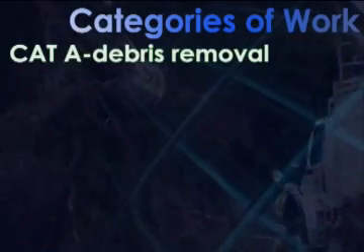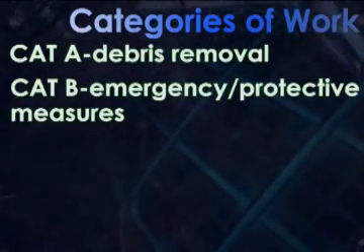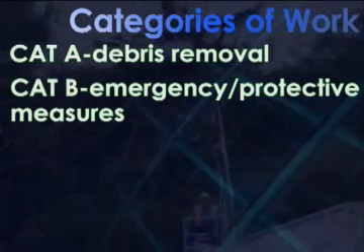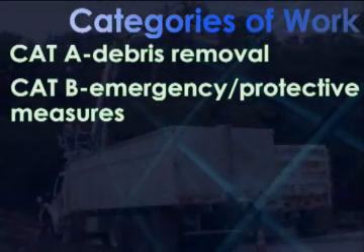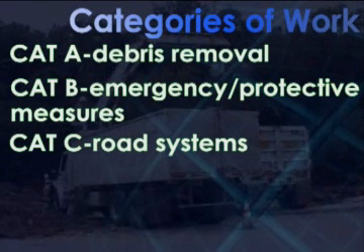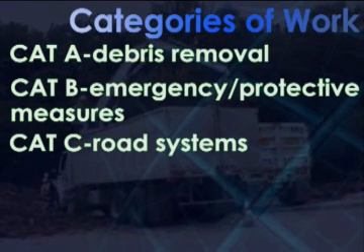There are seven categories of work that are eligible for reimbursement under FEMA's Public Assistance Program. These categories are: Category A, debris removal. Category B, emergency protective measures such as sandbagging, search and rescue, and security patrols. Category C, road systems such as streets, bridges, and culverts.